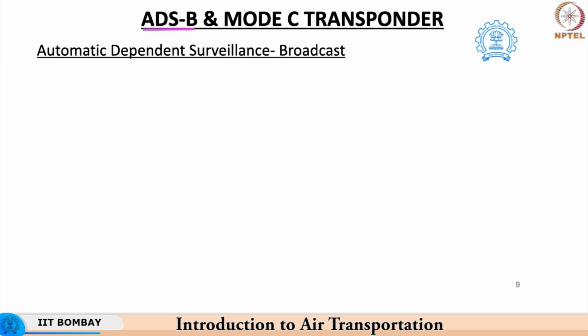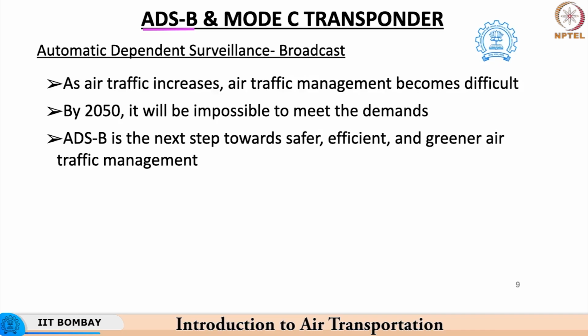So, the dependent surveillance techniques we understood right now were a more rudimentary method, a non-automatic way. But as the air traffic is increasing, in fact it has been found that from 2022 to 2023 the air traffic has increased by more than 28%, which is projected to go even higher as the year progresses.